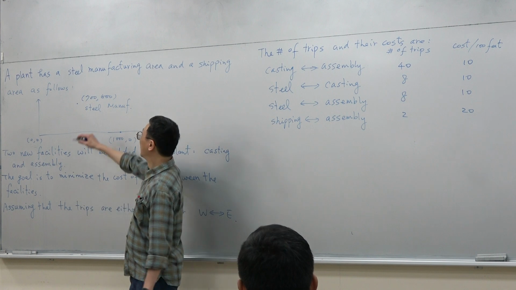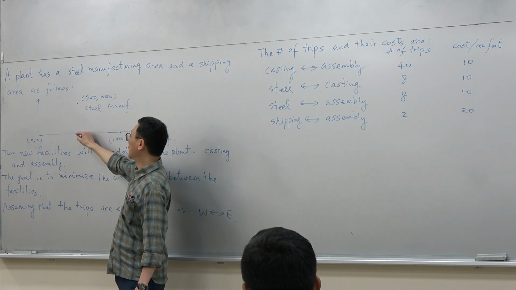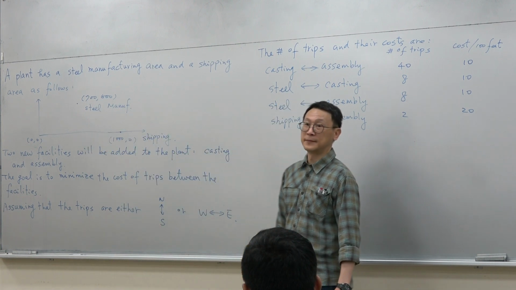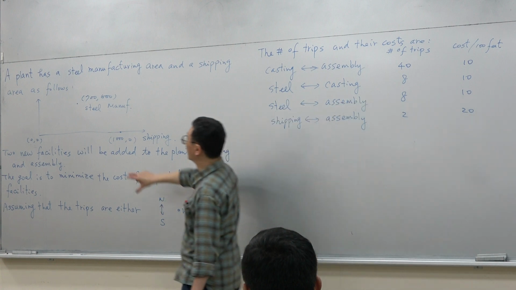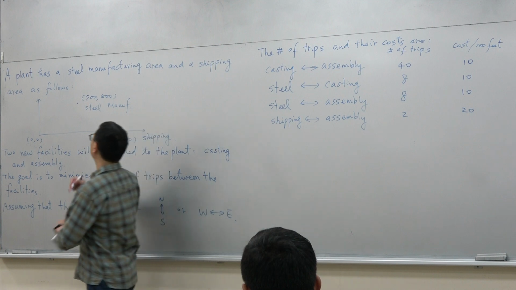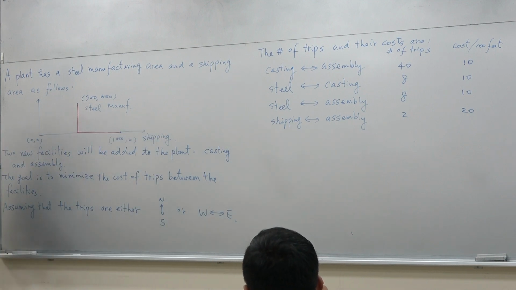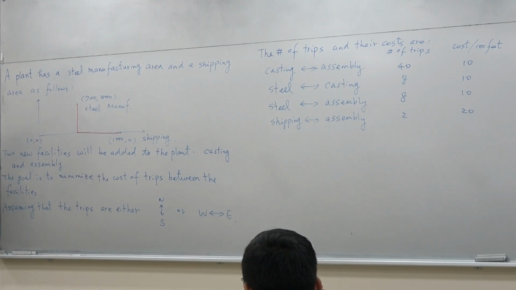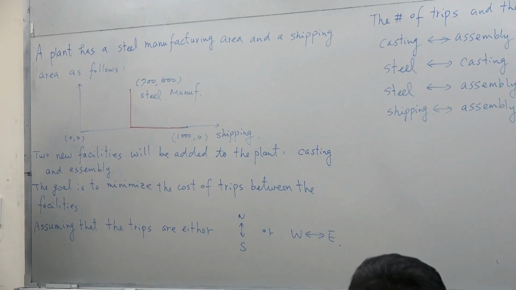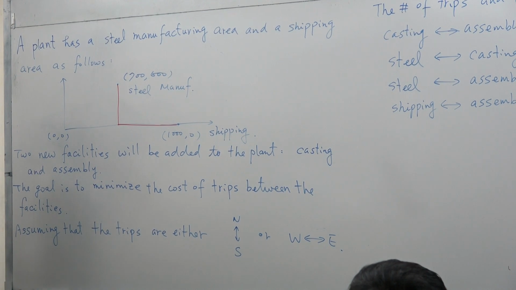So for steel to shipping, we move from here to here first, and then from here to here. So the distance becomes this one plus this one. Write that: from steel manufacturing to shipping. Based on our definition, sometimes they utilize Euclidean distance.